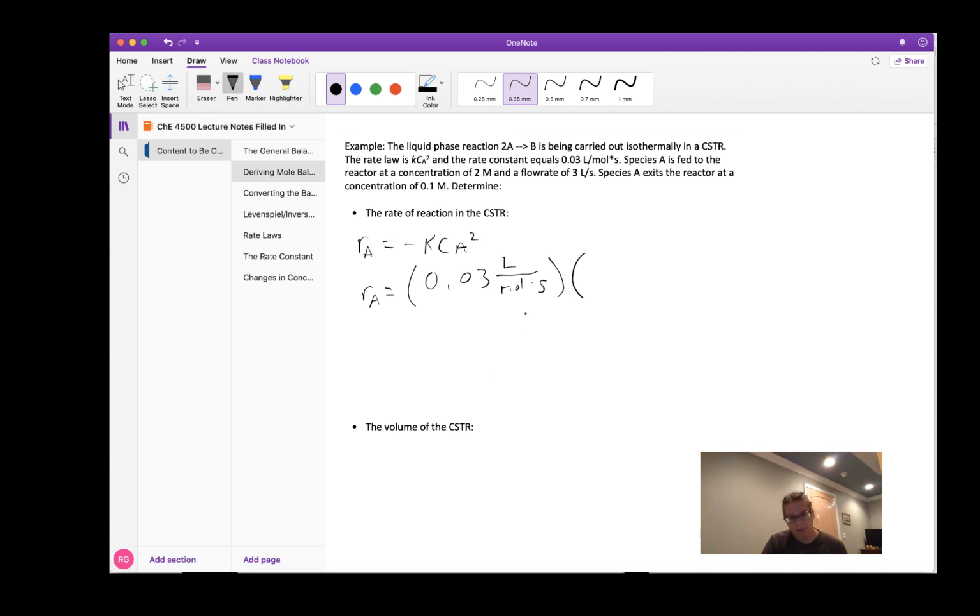So what value of C_A do I use here? I have two concentrations in my problem statement. I have this 2 molar, where the A is fed at a concentration of 2 molar, and it exits at a concentration of 0.1 molar. So what is the reaction rate inside the CSTR? Which one of those values do I use?